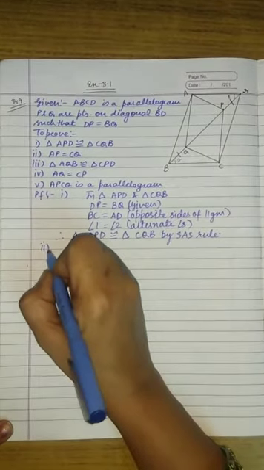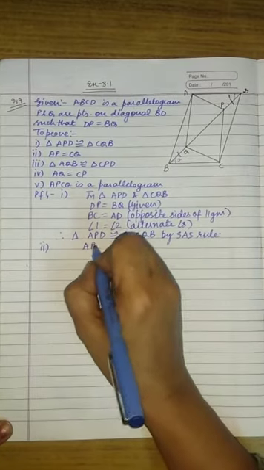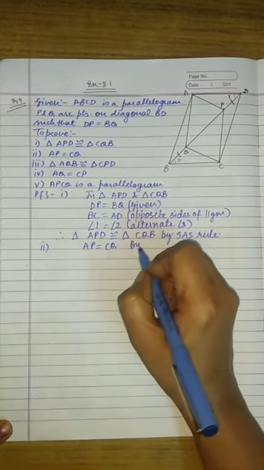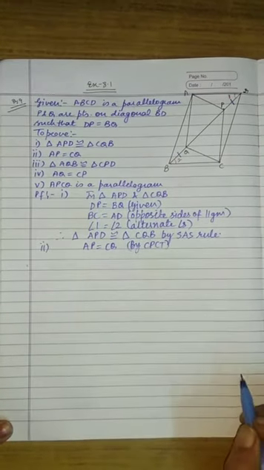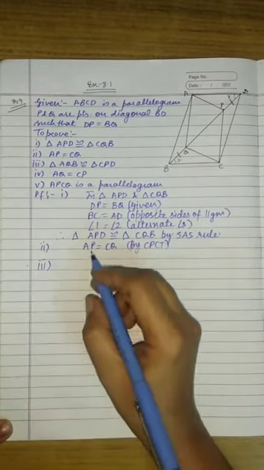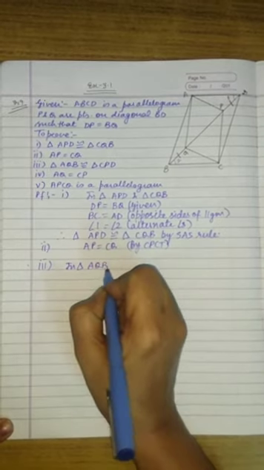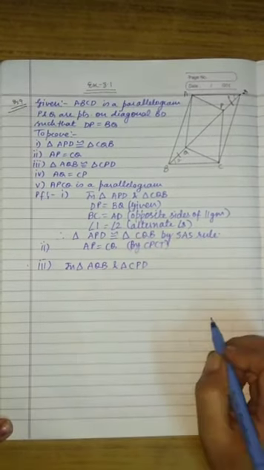Second is AP is equal to CQ. Here we will write AP is equal to CQ. Second part is also proved by CPCT. Now third part. In third part we will prove triangle AQB and triangle CPD to be congruent.